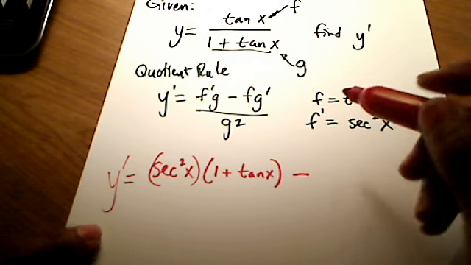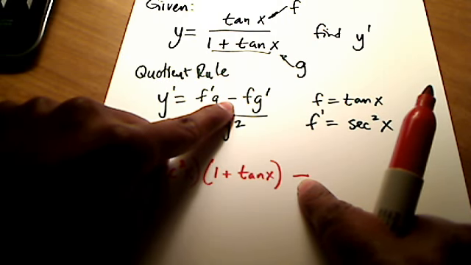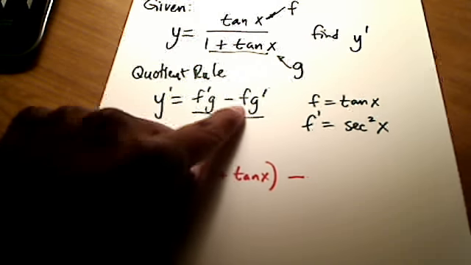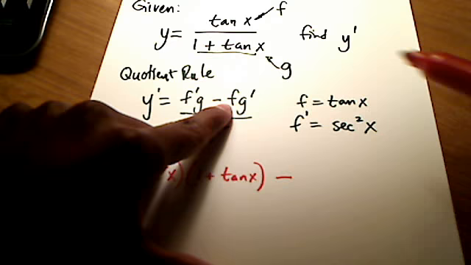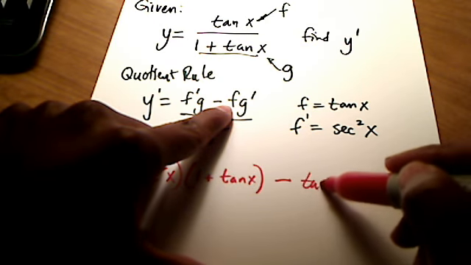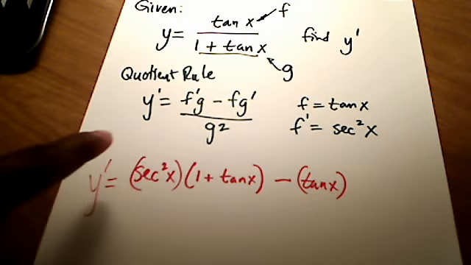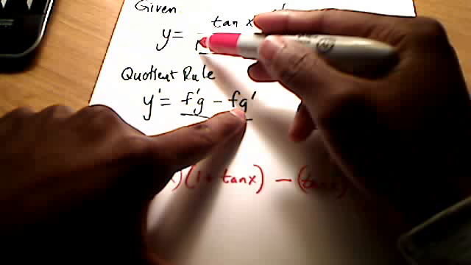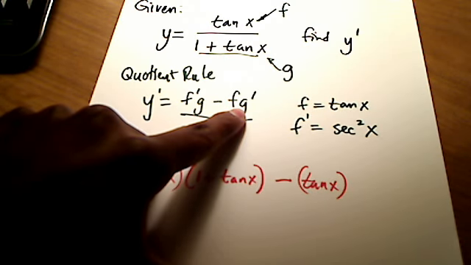Minus, so this minus sign is this minus sign right here. Now give me f, well f is just my numerator, tan x, times g prime, the derivative of the denominator.